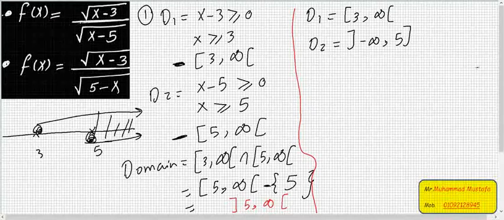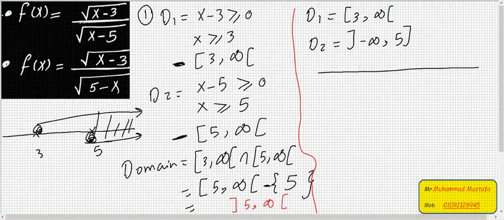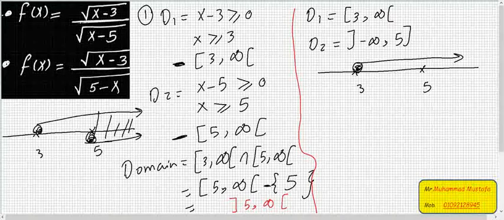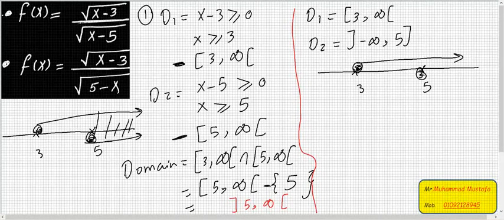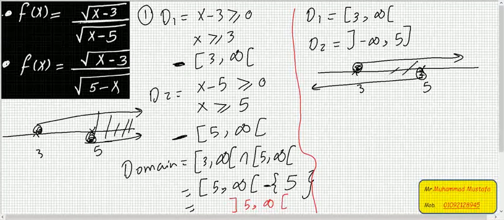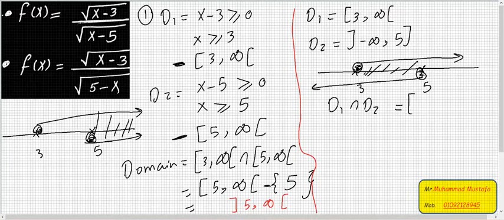To find the intersection, put here 3 and here 5: from 3 closed to infinity, from negative infinity to 5 closed, their intersection is the closed interval 3 to 5.